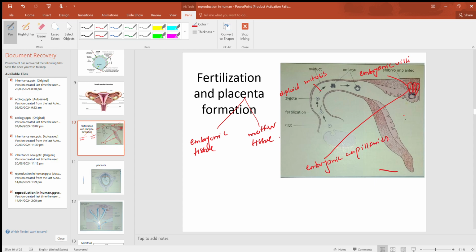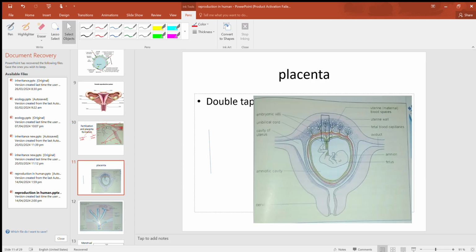This embryonic villi along with the uterine lining is collectively known as placenta. So what is placenta? Placenta is this structure, embryonic villi plus the uterine lining in which it is embedded. It is collectively known as placenta.